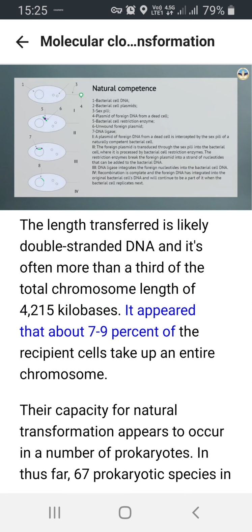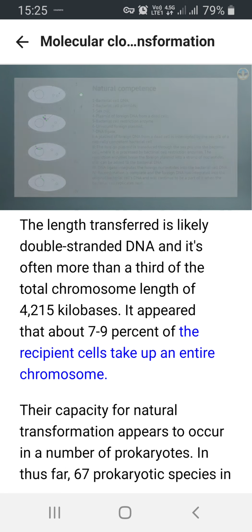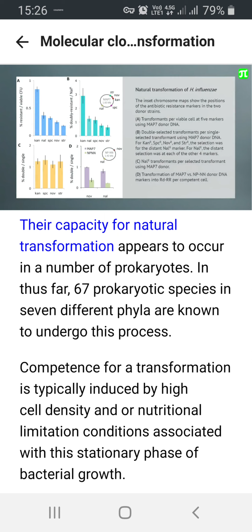It appears that about 7 to 9% of the recipient cells take up an entire chromosome. The capacity for natural transformation appears to occur in a number of prokaryotes, and thus far, 67 prokaryotic species in 7 different phyla are known to undergo this process.